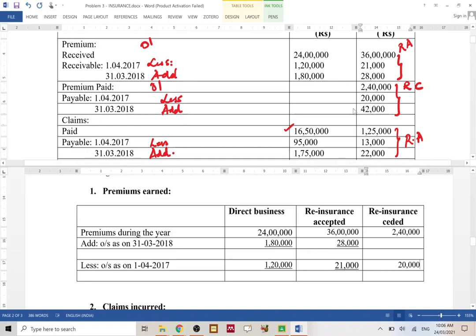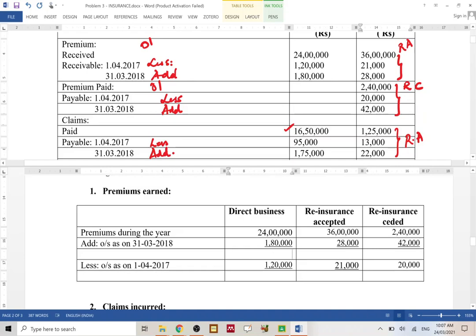Okay, and for the current year, outstanding is 42,000, which will come here. Add outstanding 42,000. Okay, now take simple totals of all these and add minus wherever required.